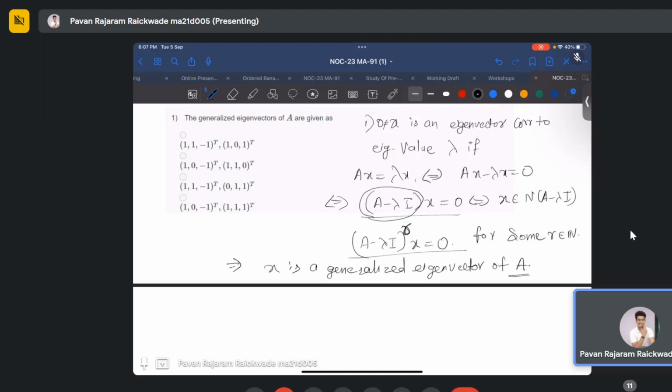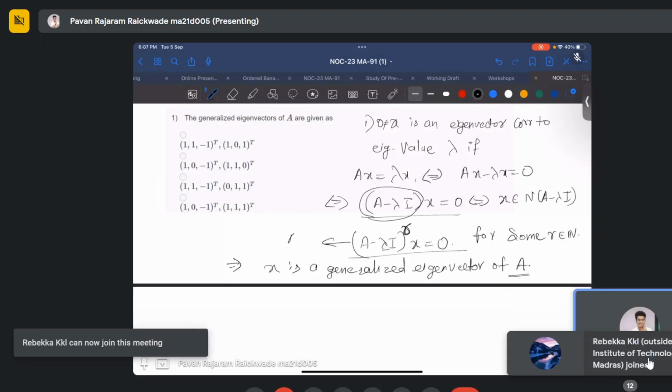This is the definition corresponding to any eigenvalue lambda. We call x a generalized eigenvector if it satisfies this equation, equation star. If R equals 1, then the generalized eigenvector is itself an eigenvector.